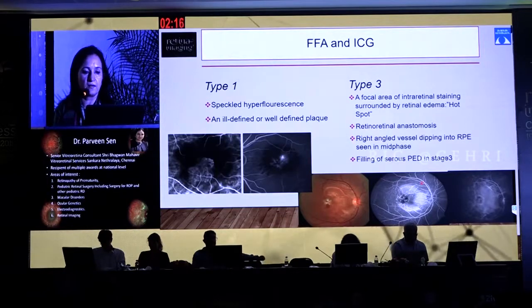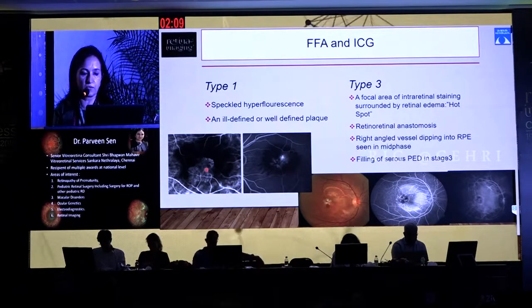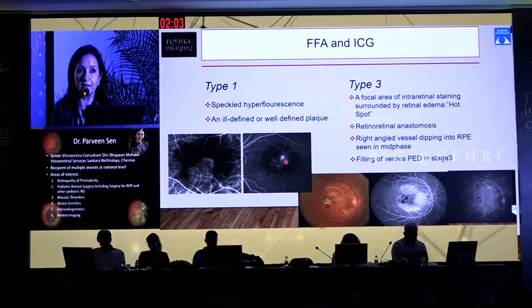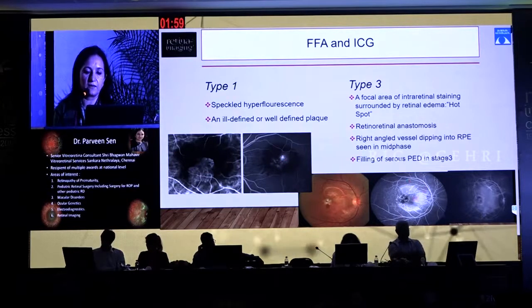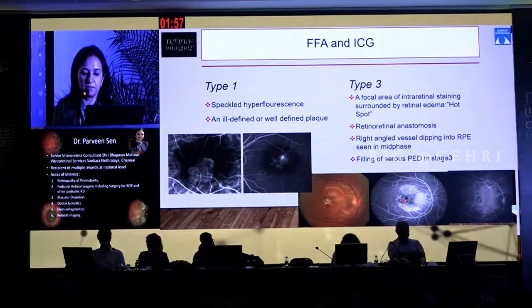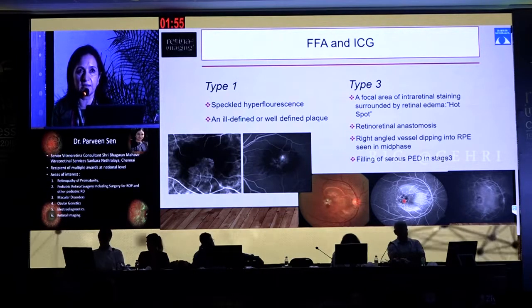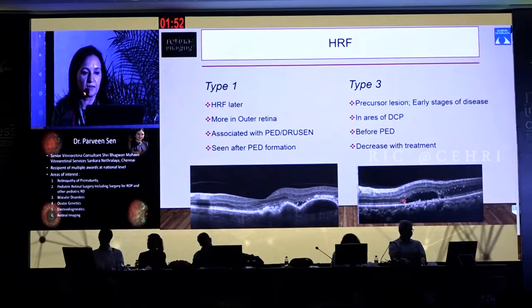In type 1, a speckled hyperfluorescence on FFA and a plaque on ICG is what we have discussed throughout the day. In type 3, you will have these typical splinter hemorrhages, because they are in the inner retina. And in the late stages, you will have this typical formation of an RCA, which will give you the diagnosis in the later stages of a RAP lesion.